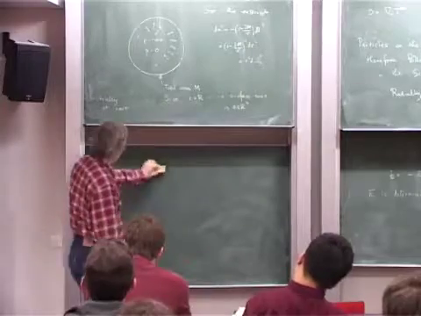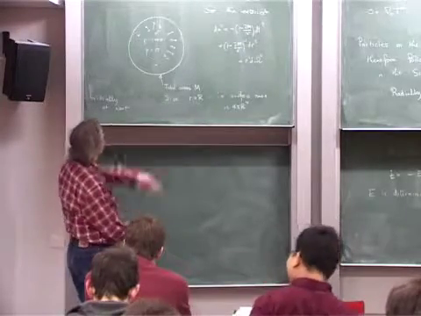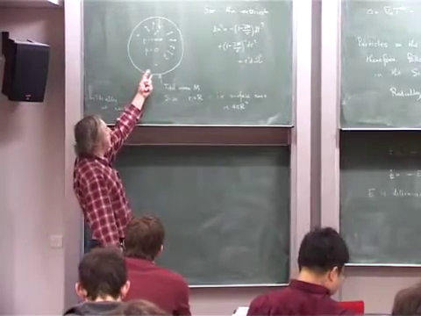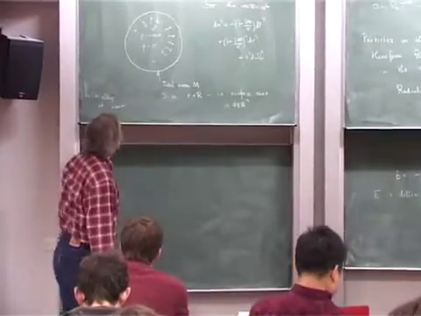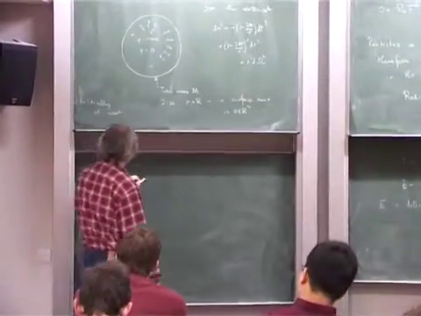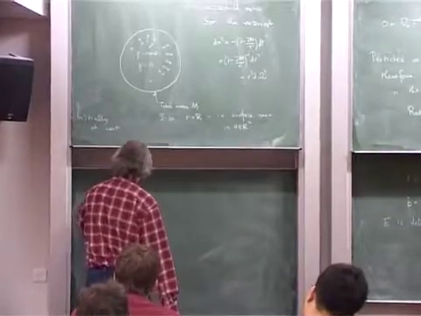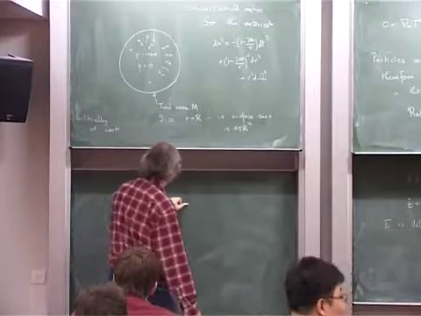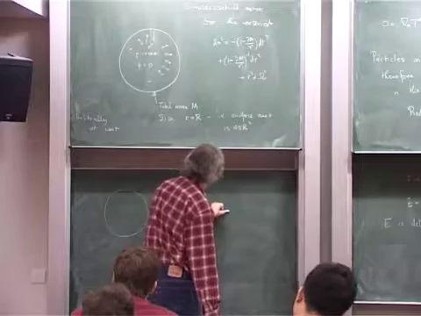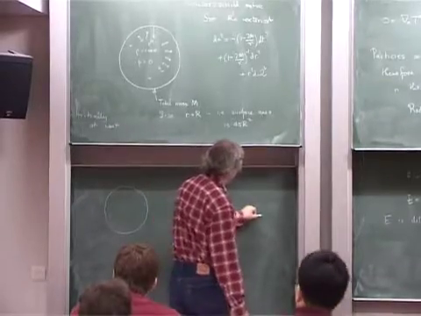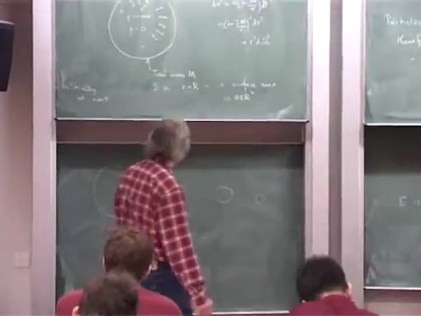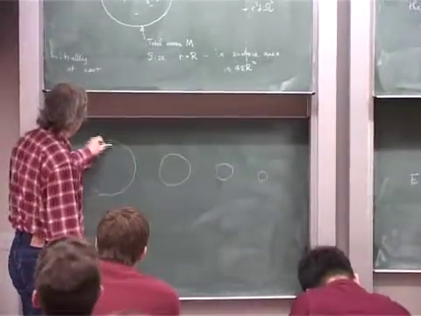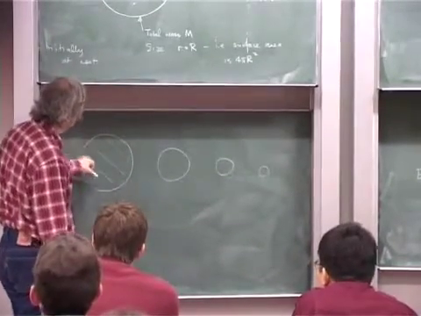So what's going to happen here? I start off with a gas at constant density, and it undergoes gravitational collapse. So we have a situation that looks like this. And then the interior is made of something.